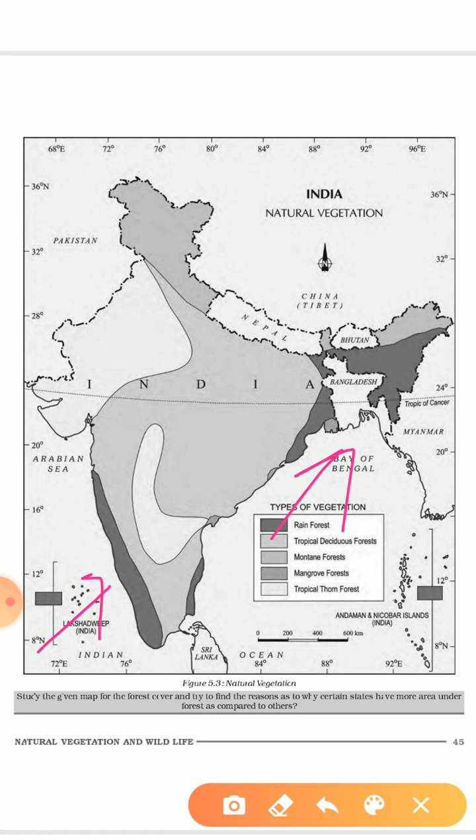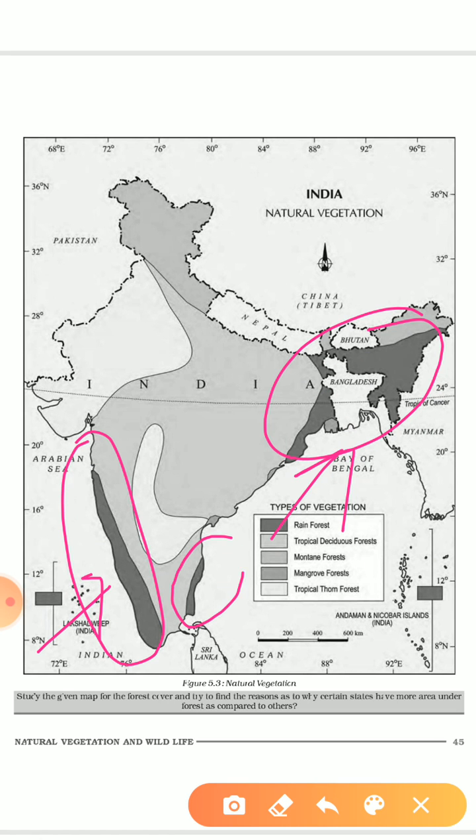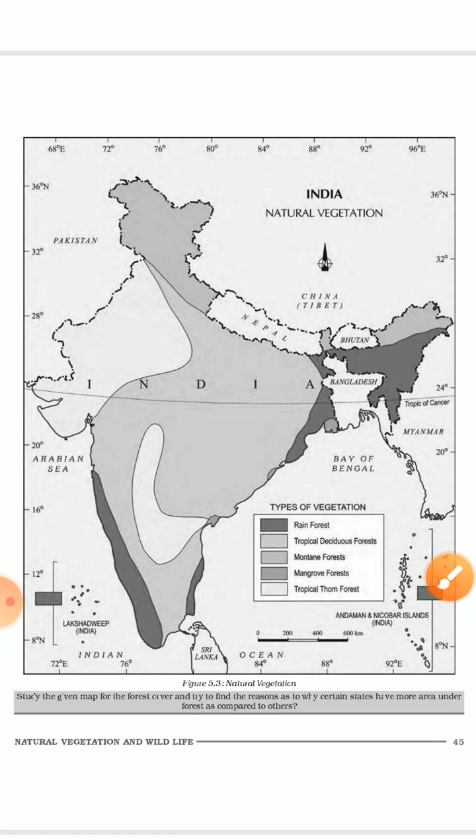That is why these are the two regions which receive maximum rainfall. This area receives a lot of rainfall when the monsoon returns, so that is why it has tropical evergreen forest.